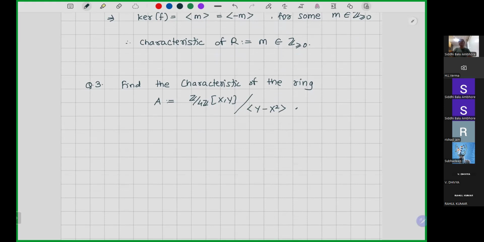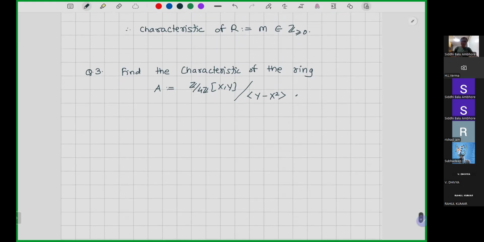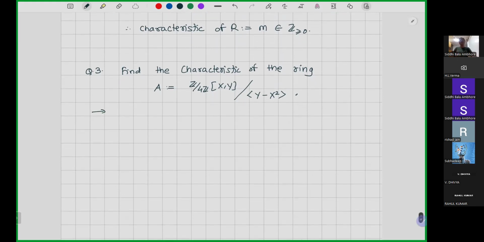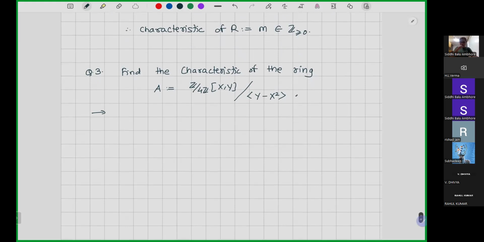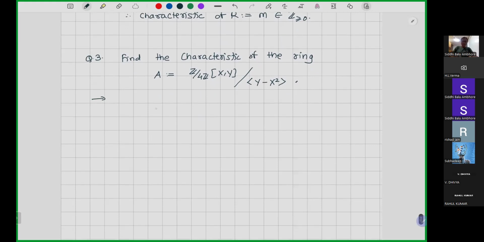Any guesses? First of all, do you understand how the elements of this ring look like? This is a quotient ring, so elements are equivalence classes, and they are of the form A is f plus the ideal generated by y minus x square, such that f belongs to Z mod 4Z x comma y.